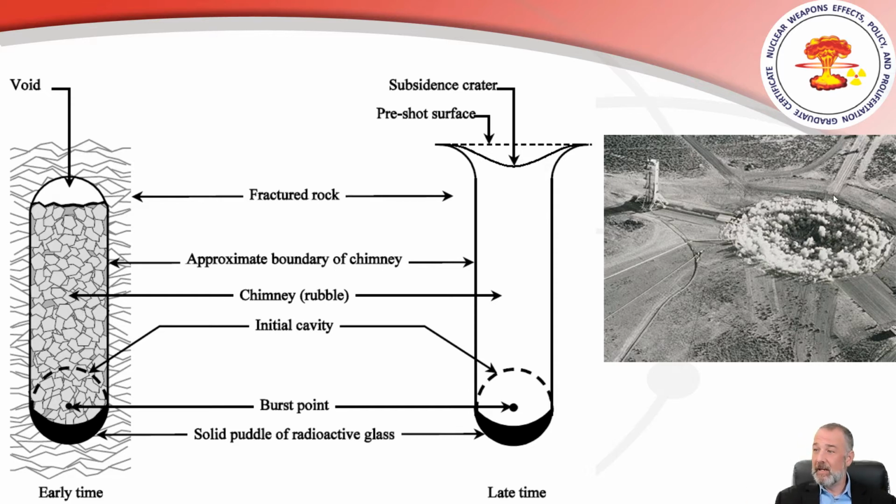What we can see here is a snapshot of that moment when the material at the surface collapses down and tries to help fill that hole. That's all the dust and stuff being kicked up by the movement of such a large volume of what is essentially dirt at the surface of the Nevada test site.